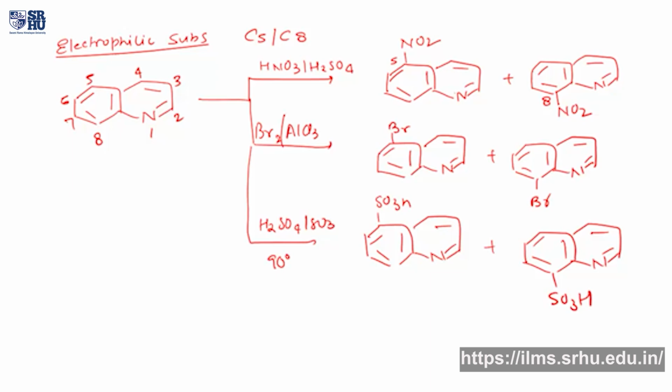Now let's talk about acylation and alkylation. Acylation and alkylation are not done in quinoline, but only when there is an electron donating substituent in the molecule.